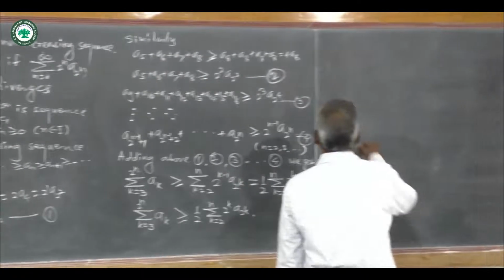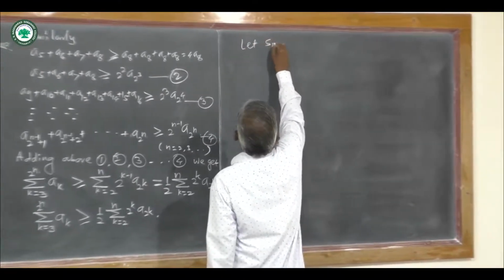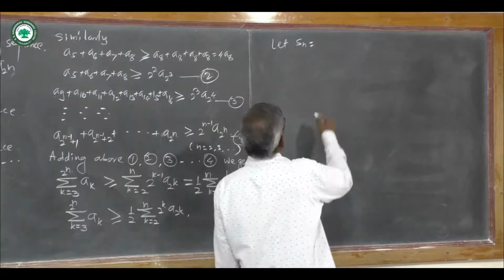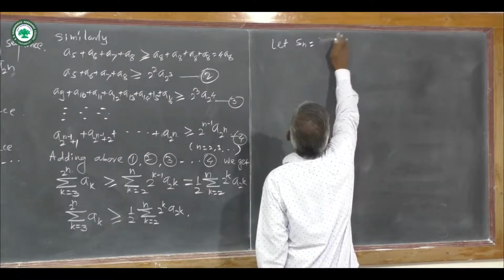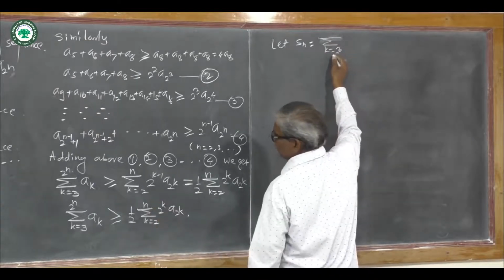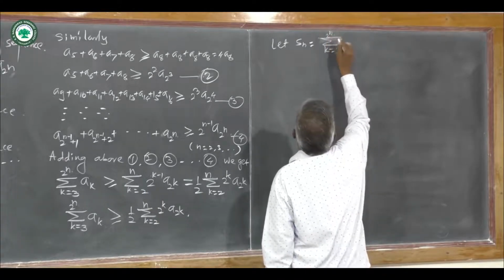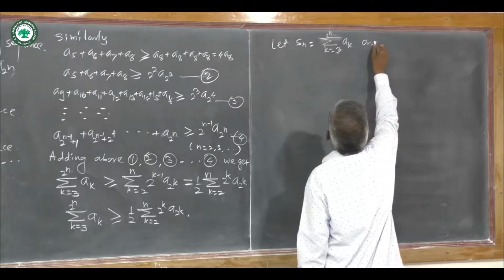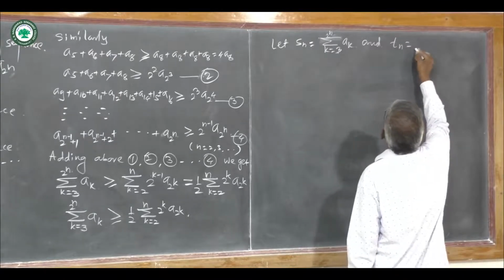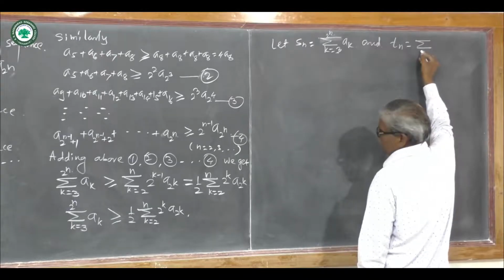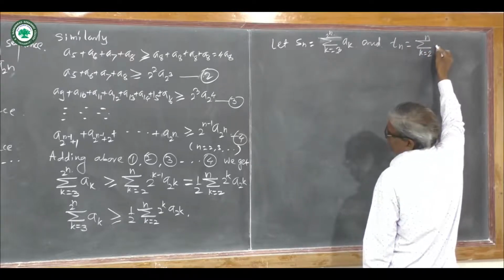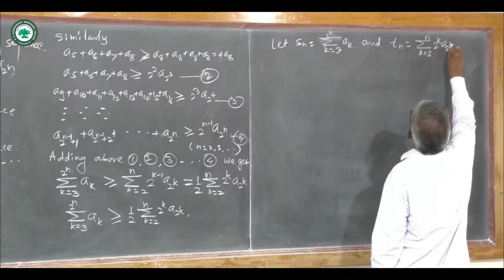Let Sn is equal to nth partial sum of the series summation k is equal to 3 to 2 raised to n, 2 to the power n A suffix k, and Tn is equal to summation k is equal to 2 to n, 2 raised to k into A suffix 2 raised to k.